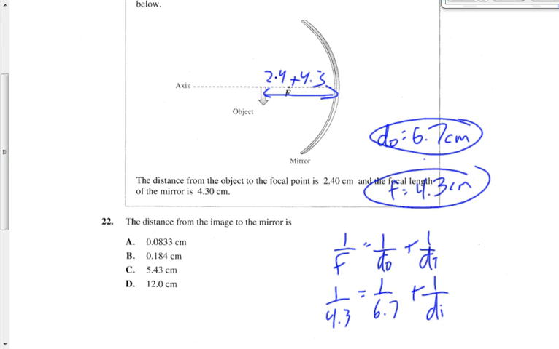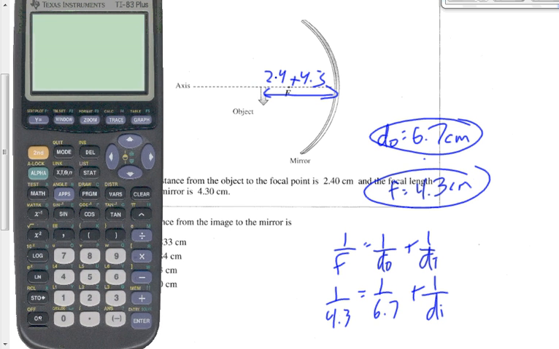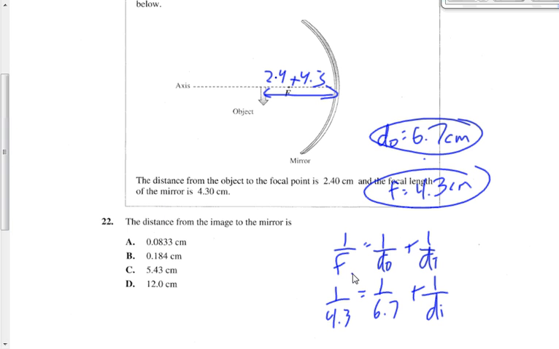Let's go through this here just to make sure you guys can do it. Let's say 4.3, x to the minus 1. Subtract 6.7, x to the minus 1. Let's flip that over. And look at that, you get 12. And the answer is D, 12.